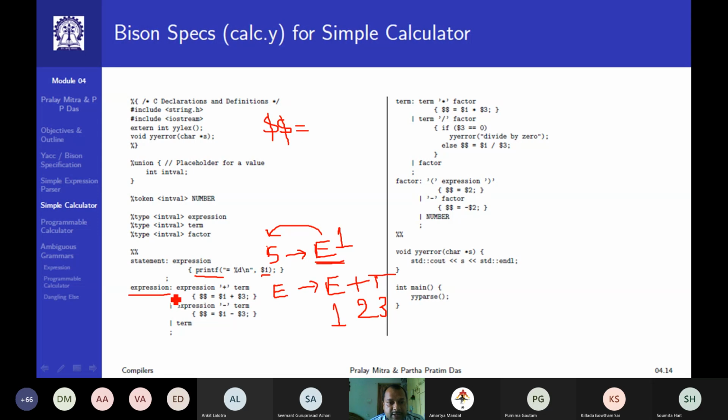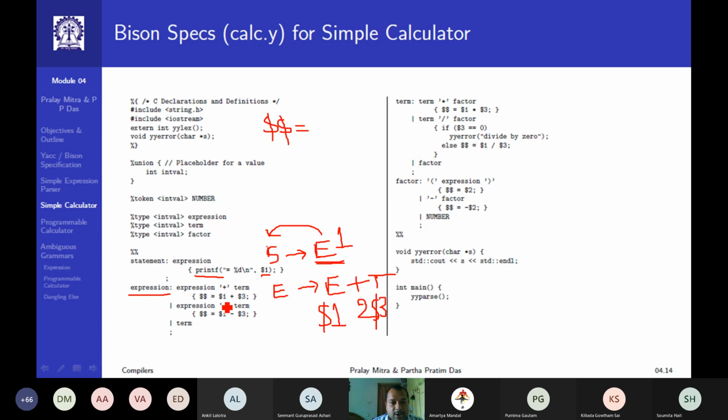Now, expression derives expression plus term. The action will be, so this E is $1. Addition is $2, but I do not need that one because I know it is addition. Instead, I will go for term. Term is my $3.